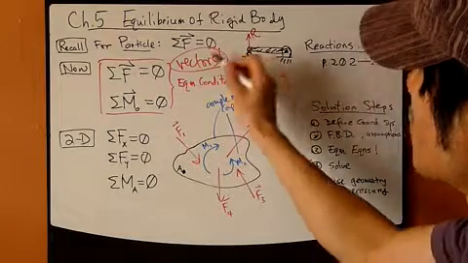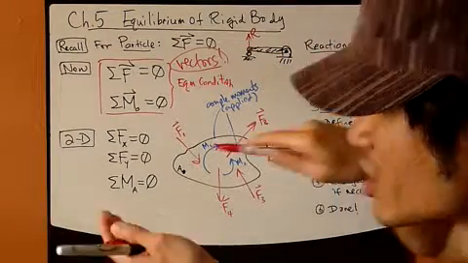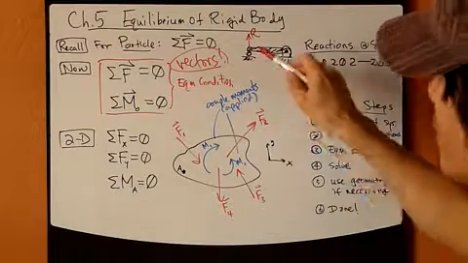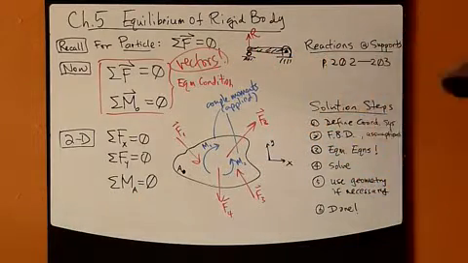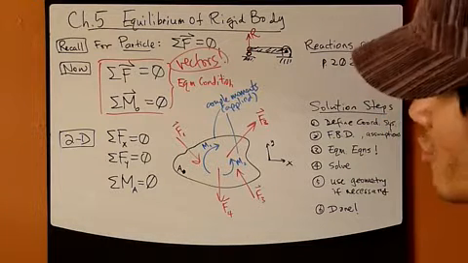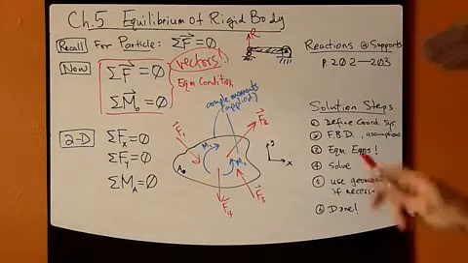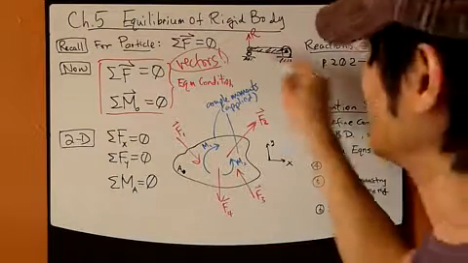There's no horizontal reaction, because there's nothing resisting the motion of this rigid body. You can think of reaction forces as any kind of resistance to the motion or to the potential motion of the rigid body.